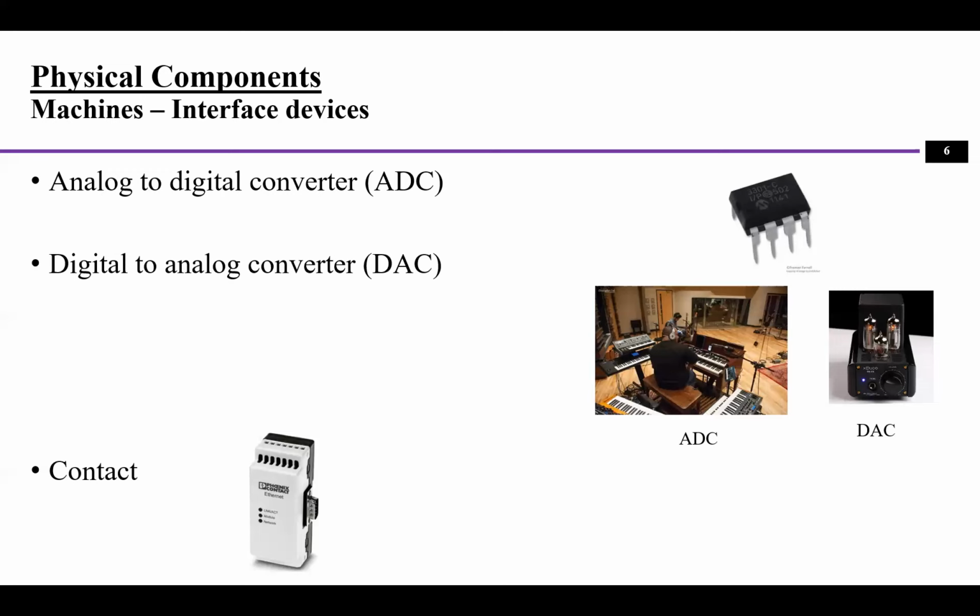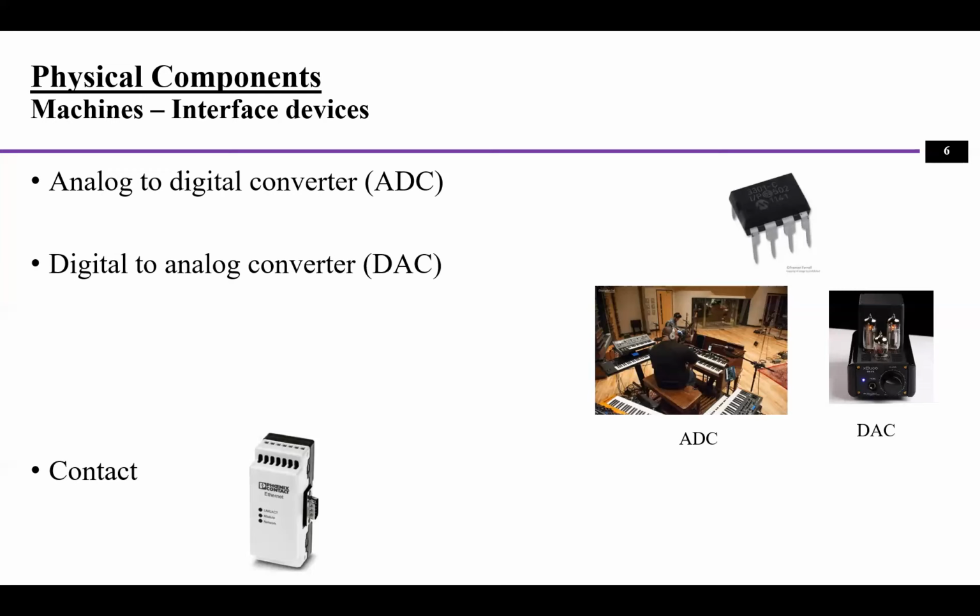I'll give you one example of the ADC and the DAC. For example, we are recording a song, a piece of music, right? So we have those voice waves in the air, and then what happens? Those waves will be converted to electrical signals, right? Electrical signals will be converted again to digital numbers.